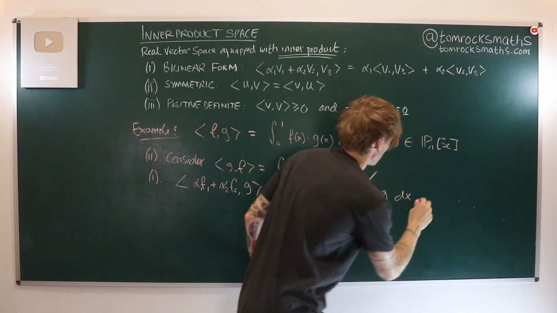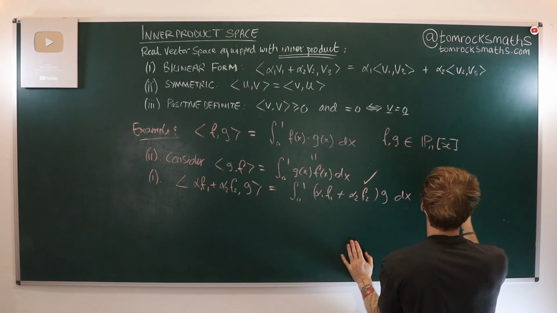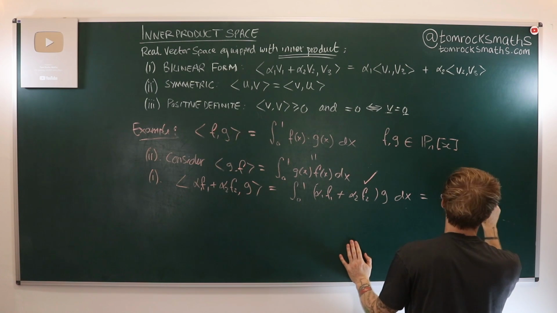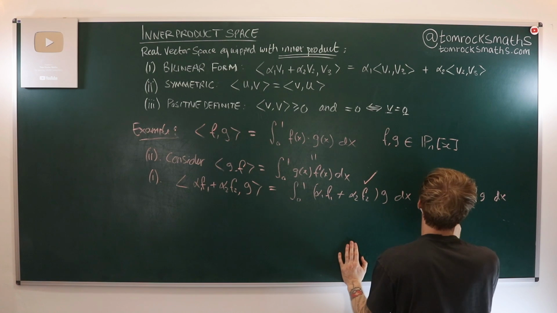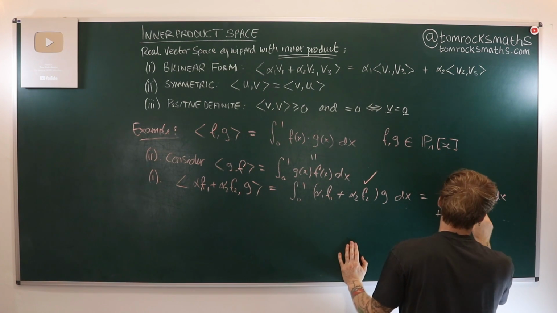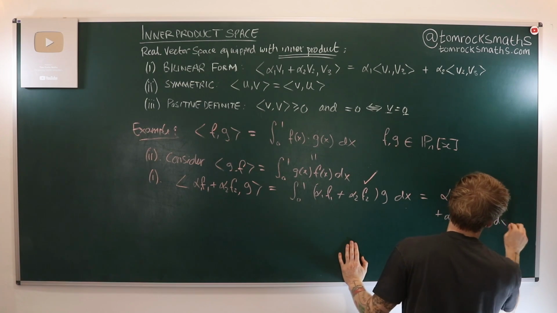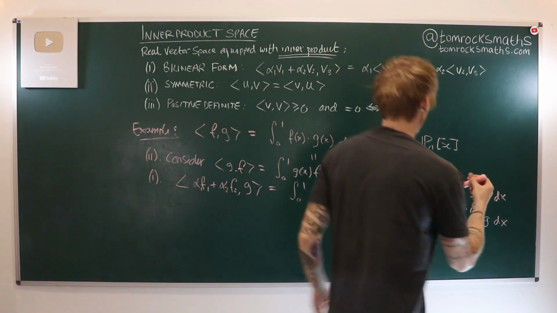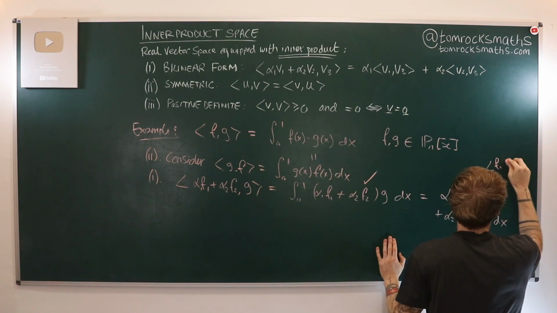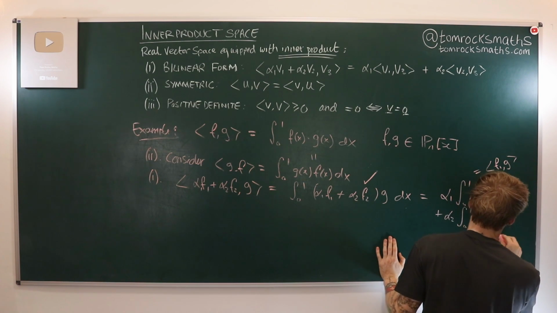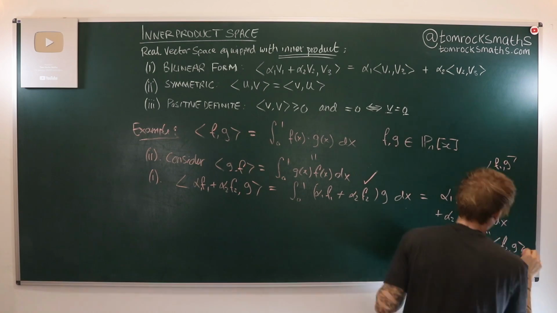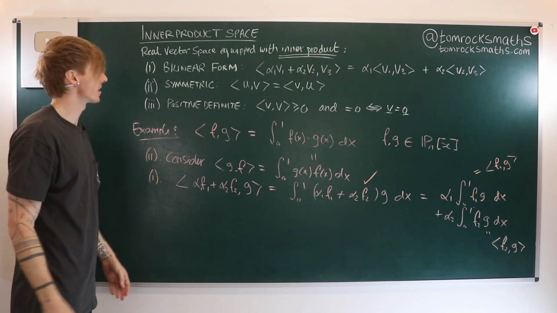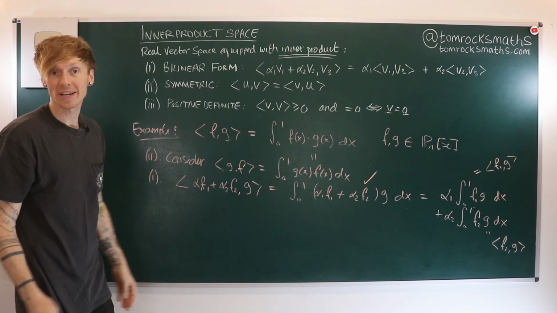But that's going to split up into two pieces, so pulling out the alpha 1, we've got the integral 0 to 1 of f1 g dx, and then plus alpha 2 times the integral 0 to 1 of f2 g dx. Hopefully you can see these two individual integrals are going to be our two pieces. So this is the inner product of f1 and g, and this one here is f2 and g. So one is satisfied, we've got a bilinear form, it's also symmetric, so that just leaves us with positive definite.